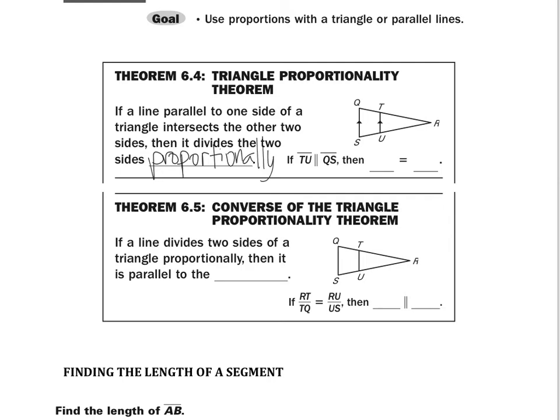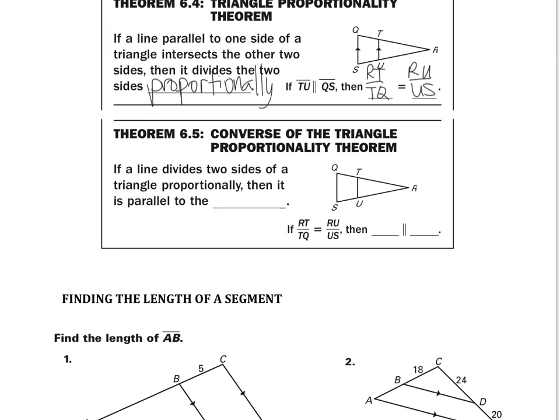So if segment TU is parallel to side QS, then RT over TQ will equal RU over US.